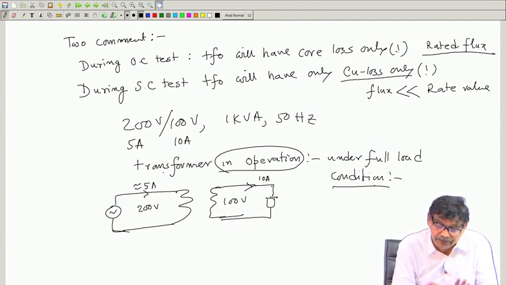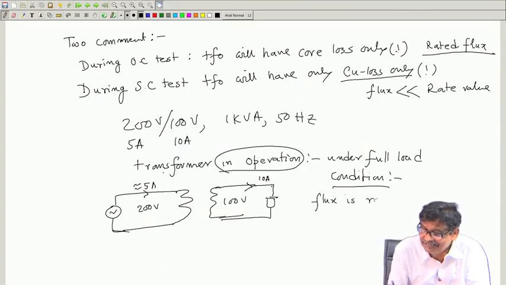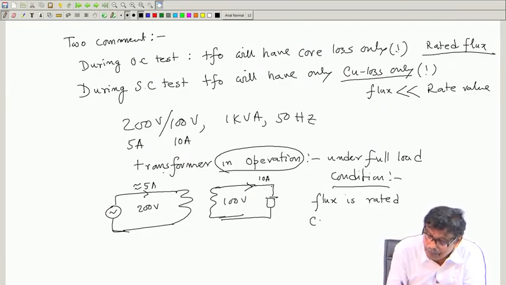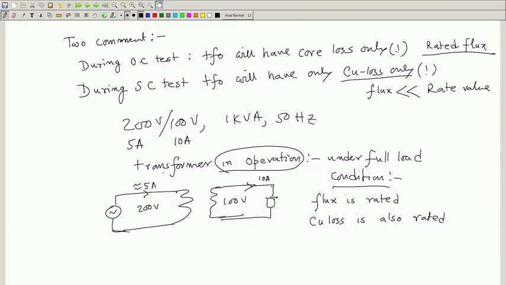I will be very happy. Oh, so the flux is rated, as well as copper loss is also rated, because windings are carrying rated current, is it not.